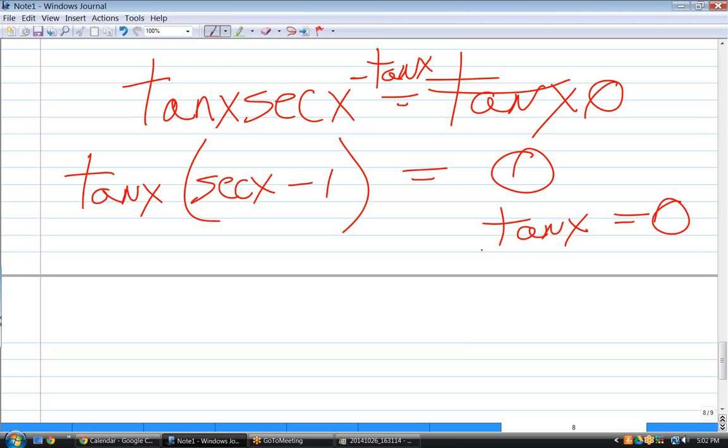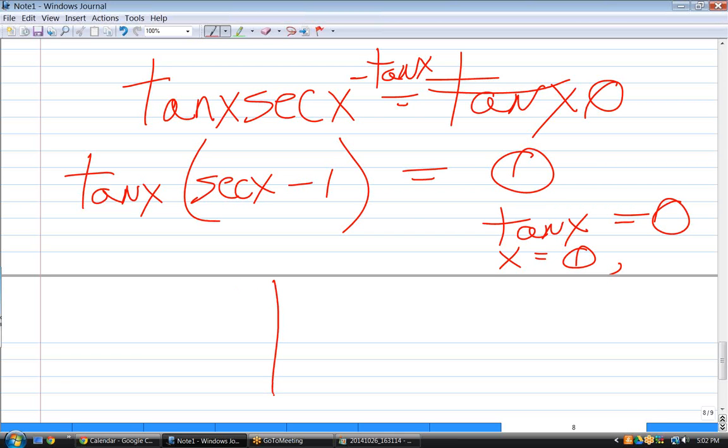Tangent inverse of 0. Okay, and where else? Third quadrant is positive.